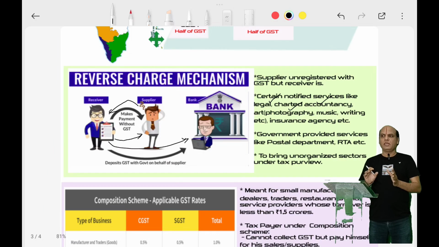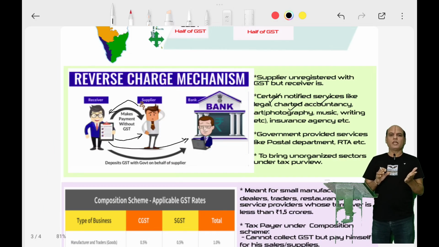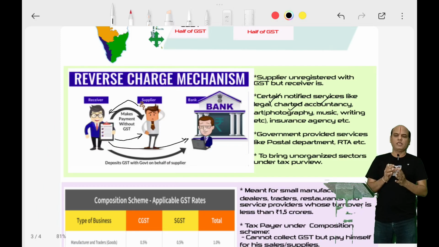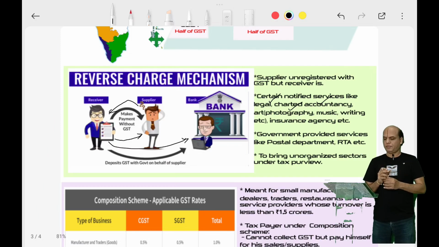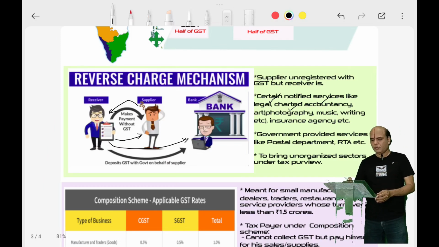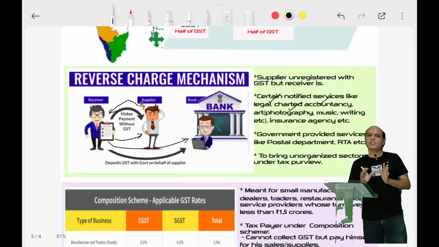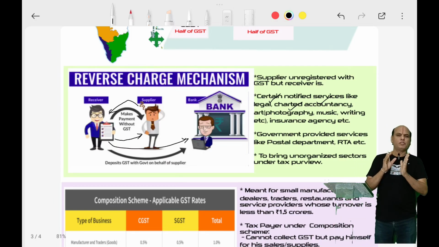So likewise, RTA is another example, Road Transport Authority. Whatever service they are providing to business entities, they don't pay any GST. So whoever is using RTA services, they need to pay GST on that. So why is this reverse charge mechanism in place? Mostly to help petty suppliers who don't have a GST account, or some entities which operate from abroad, they are not in our GST regime.